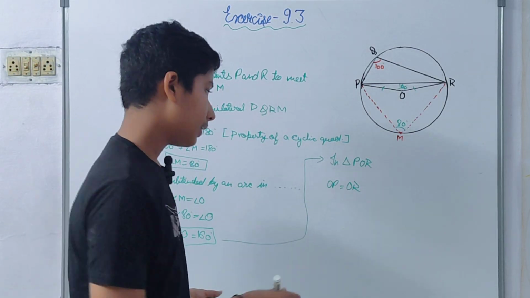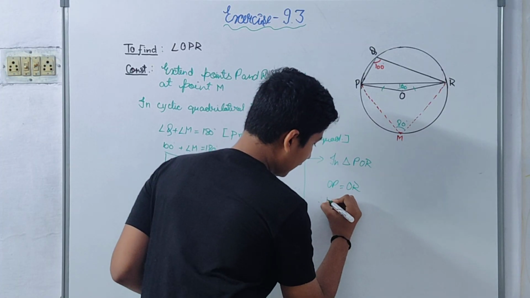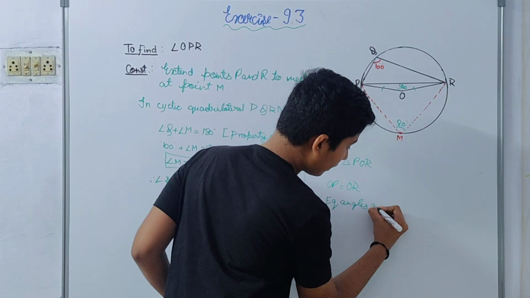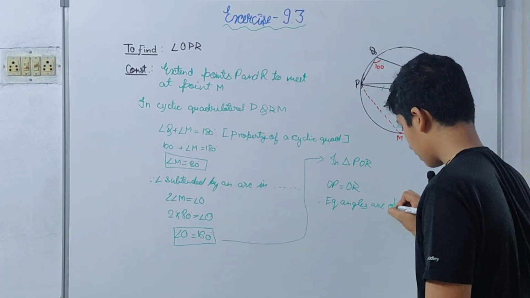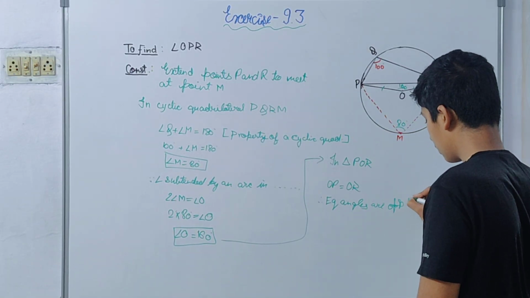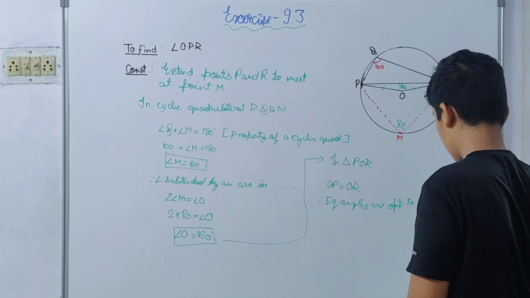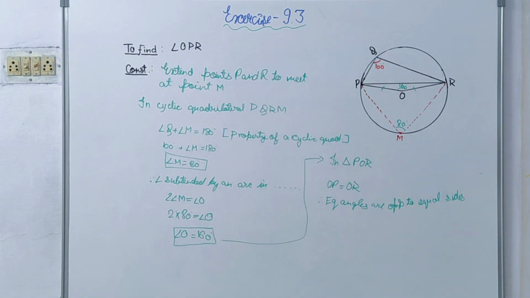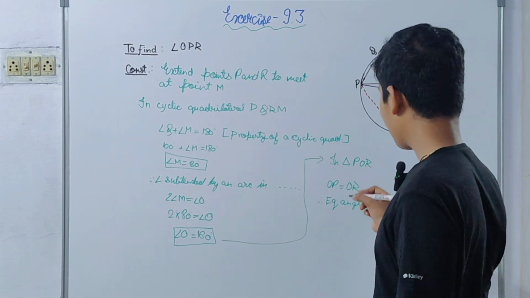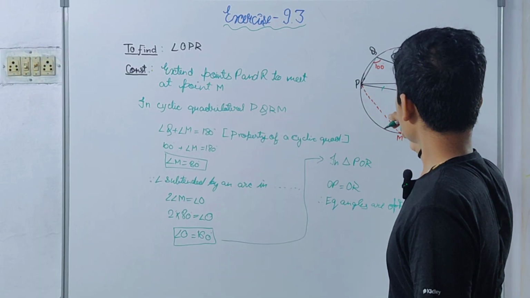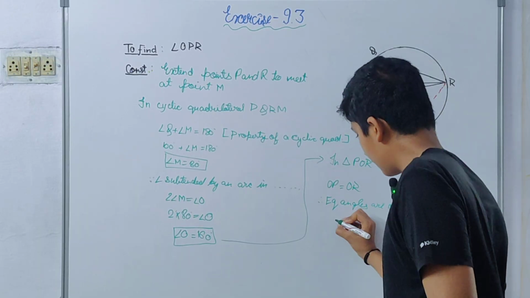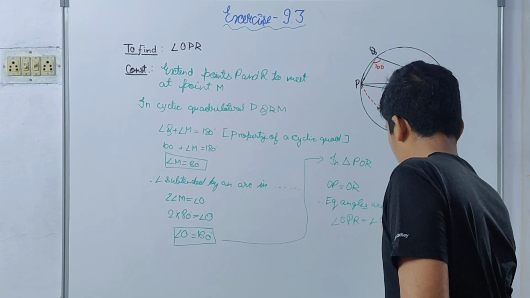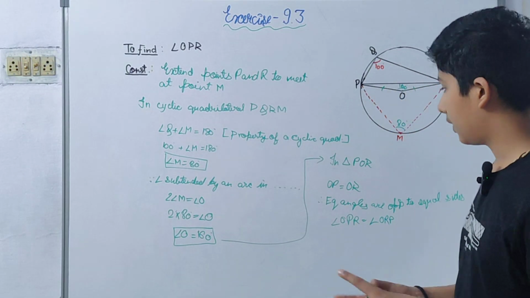These two are equal to each other. Since equal sides have equal angles opposite to them, we can write that angle OPR equal to angle ORP. These two angles are equal.